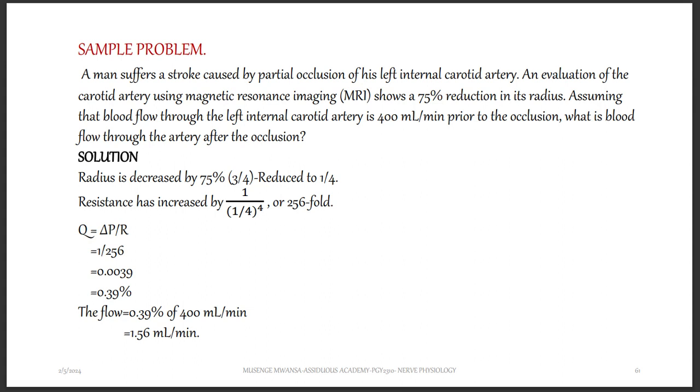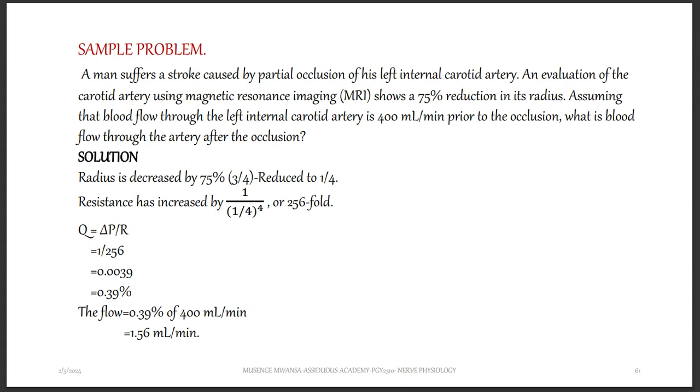It means that it has been reduced to 1 quarter, because 3 quarters is no longer working. So what is remaining is 1 quarter. So resistance is going to be 1 over 1 quarter to the power 4, and that is going to give us 256.